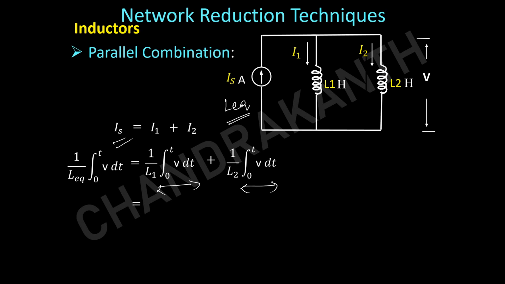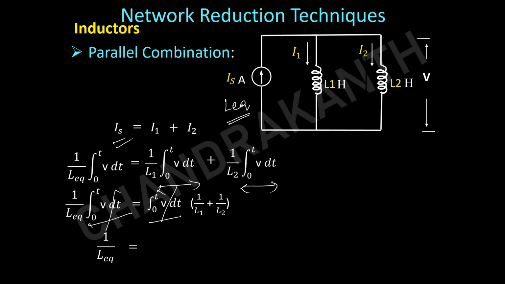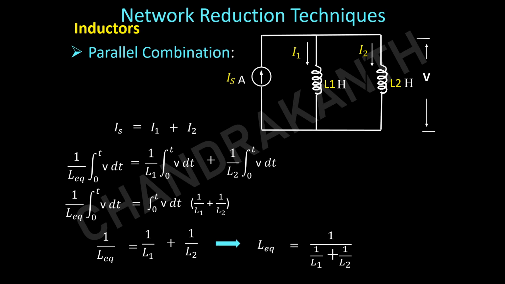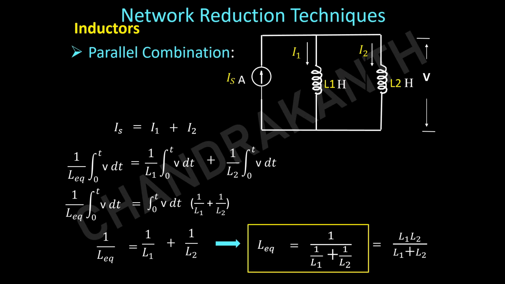Now take the common factor, and if you strike out both these terms, the remaining term will be 1 by L equivalent equal to 1 by L1 plus 1 by L2. So this can be simplified to L equivalent equal to 1 divided by 1 by L1 plus 1 by L2. The same thing can be written as L1 L2 by L1 plus L2.